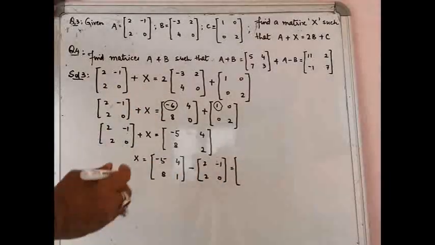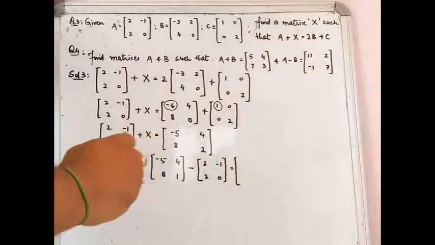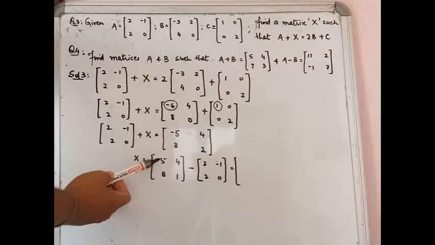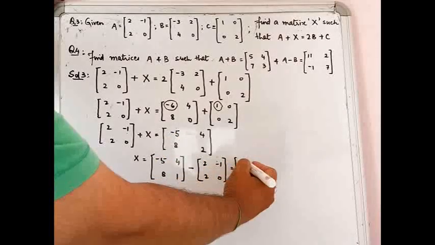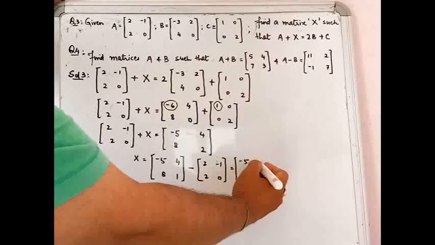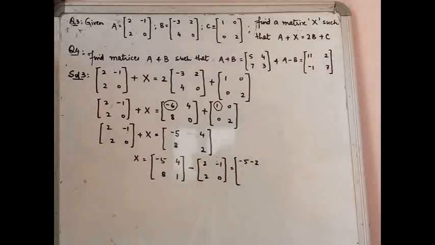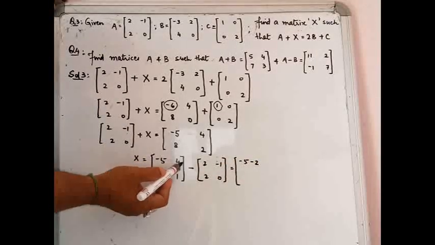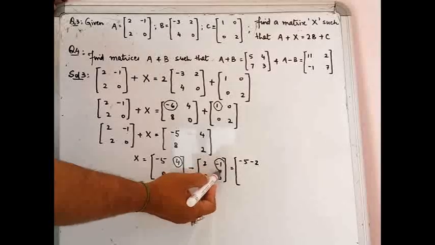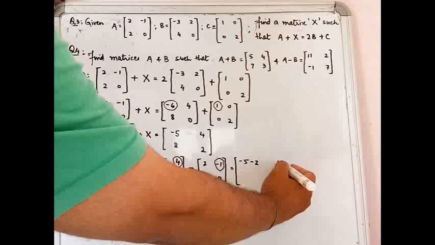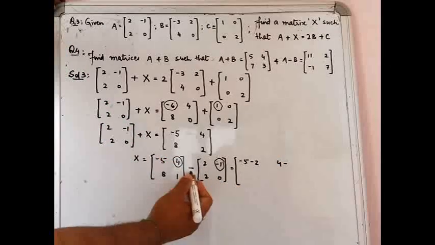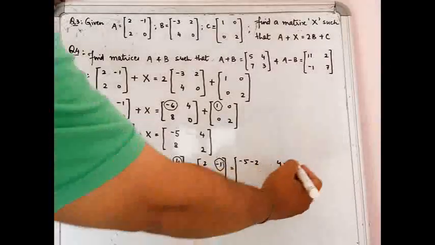What we have over here: once again the corresponding elements will be subtracted. So minus 5 minus 2, let me write that down over here. Minus 5 minus 2, that's the first entry. Then the second corresponding entry: this is 4 over here and this is minus 1 over here, so 4 minus of minus 1.